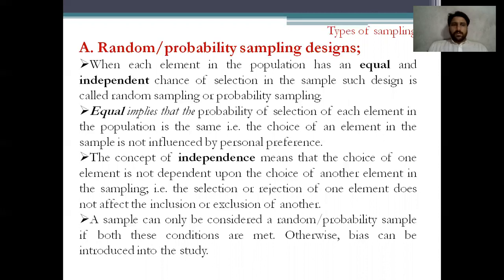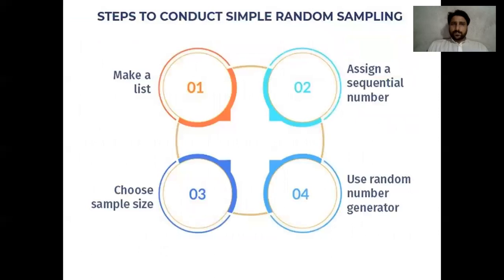And a sample can only be considered a random or probability sample if both of these conditions are met: each element should get an equal chance of selection, and they should be independent. Otherwise, bias can be introduced into the study.